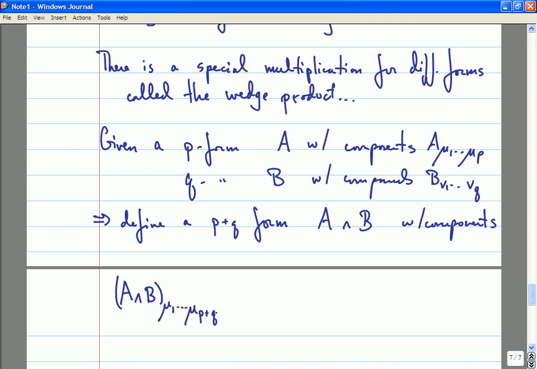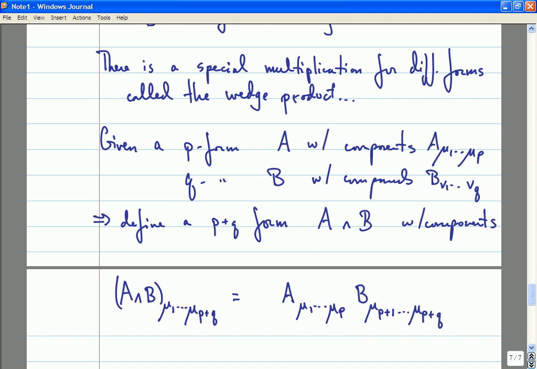And what are they? Well, it's a kind of multiplication. So we'll have A times B. And A has P indices, so we'll take the first P indices for A. B has Q indices, so we'll take the next Q indices and take them to be indices of B. And then, in order to get a differential form, it needs to be antisymmetric under all of its indices.